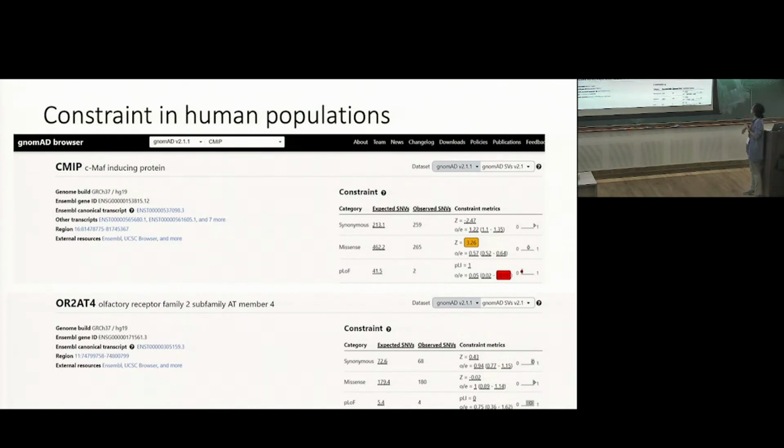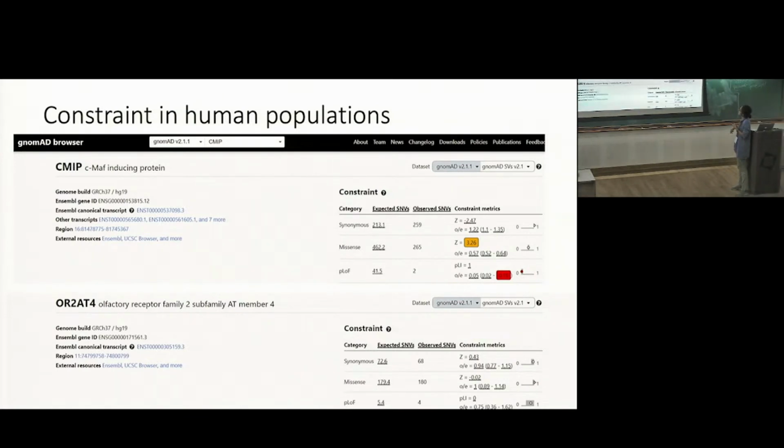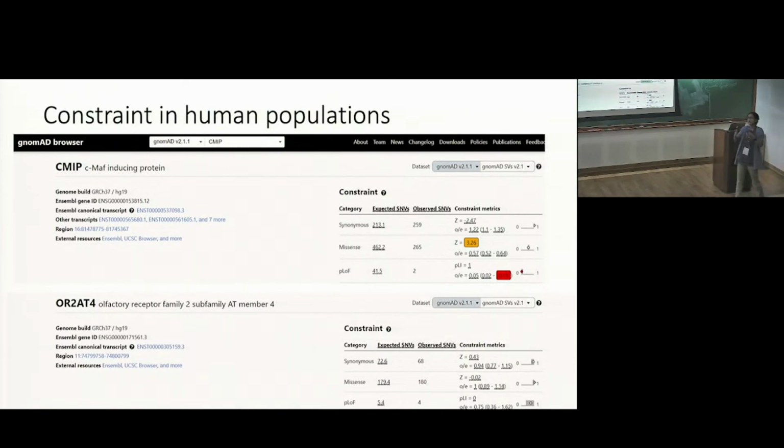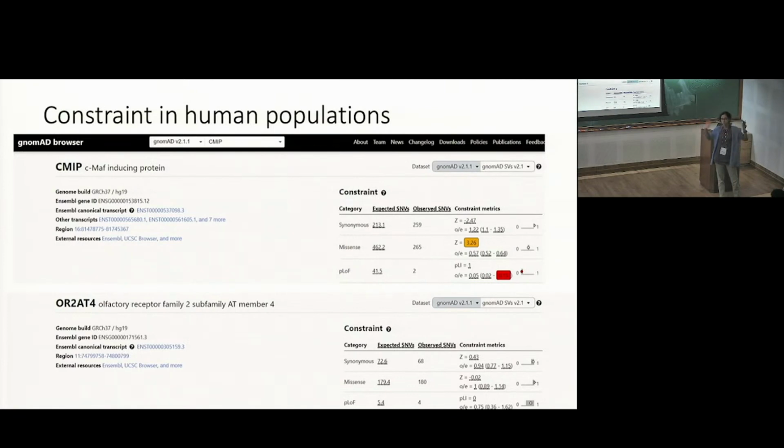Here, for the number of synonymous variants, you have the observed number of SNVs, of sites that vary, in this gene. That's 259. You also know what's expected based on the length of the gene, based on the sequence context, right? We can build an expected model of what's expected, what's observed, and O by E gives you a sense for, okay, do we see as many variants in this gene as we would expect by chance under a neutral model of evolution, okay?